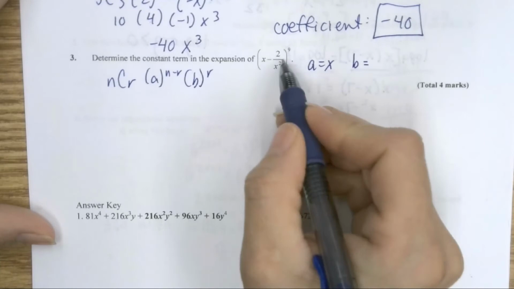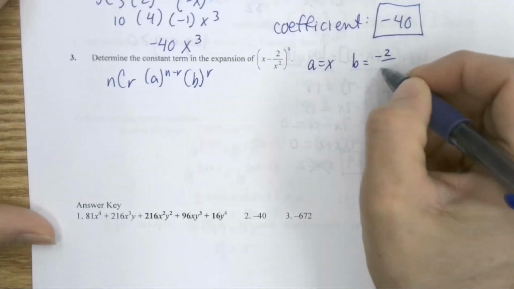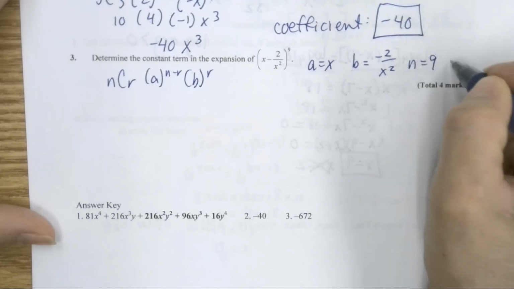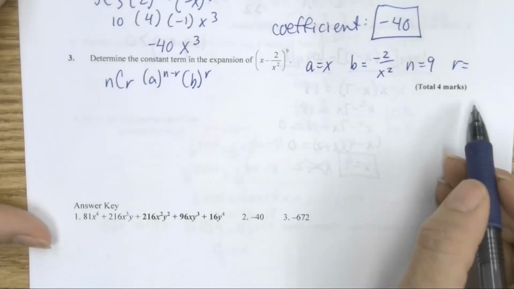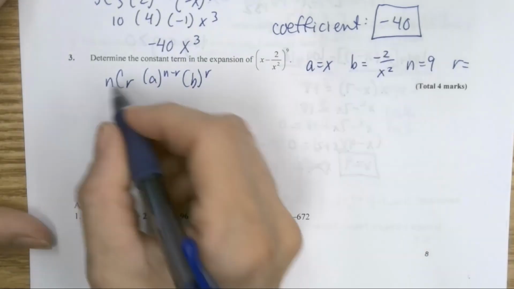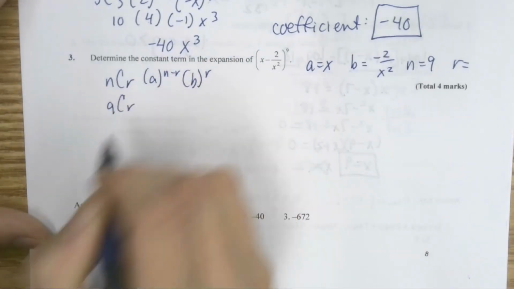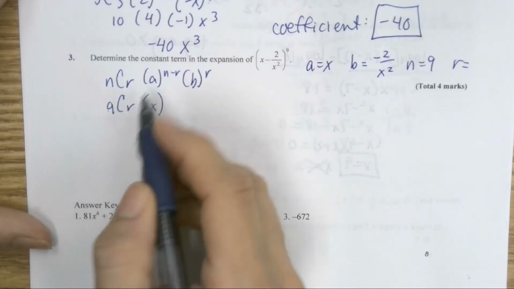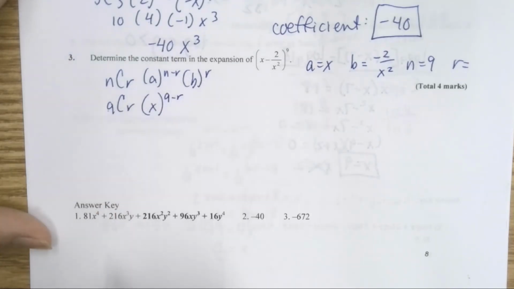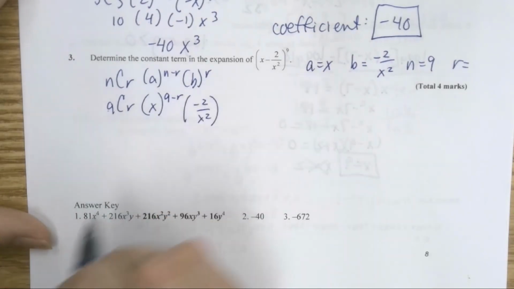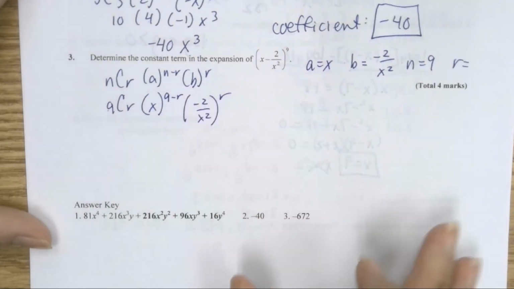We know the b term is −2/x², and we know that my power is 9. What I don't know is r. And I'm going to substitute in what we've got already. So I've got 9Cr, my a value is x to the 9 − r power. My b value is (−2/x²) to the r power.